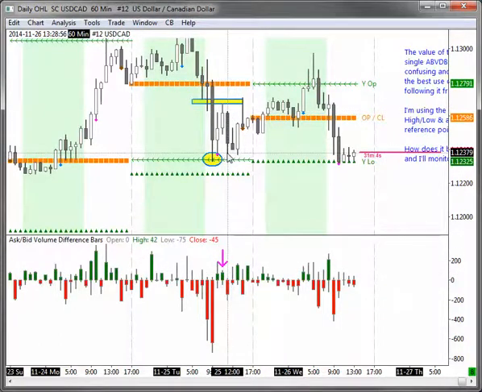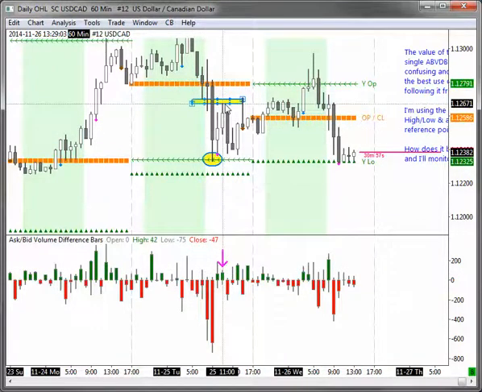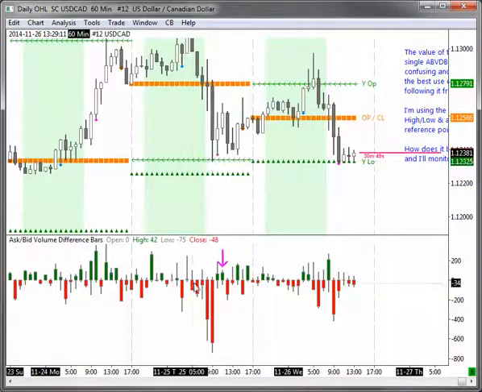You could take a trade here back to the upside with stops below here. At this point, I don't think the intraday reference points may be the most useful when using the ask bid volume difference bar.